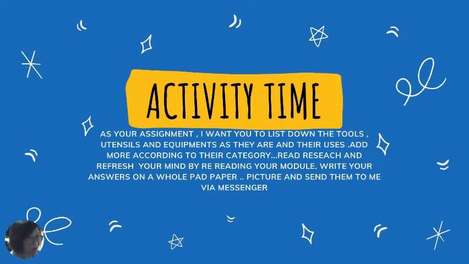Add more according to their classification. Read, research, and refresh your mind by rereading your module. Write your answers on a whole pad paper. Picture and send them to me via Messenger.